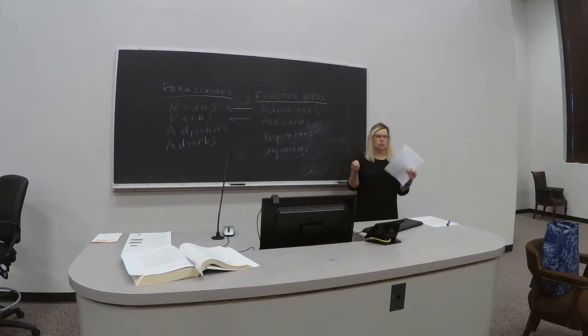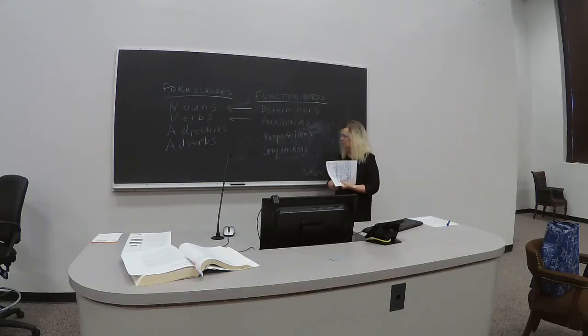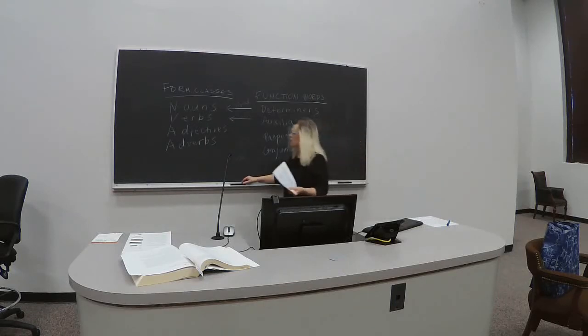Their job is to conjoin different elements in the sentence, like Mary and John: and is combining two different noun phrases, and that's their job. Okay, so that's just a quick list of the very important function words.